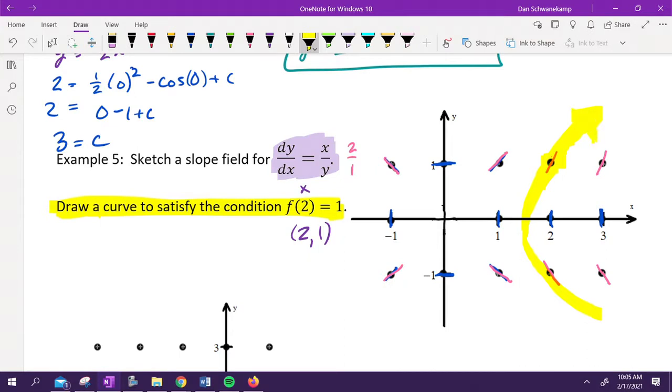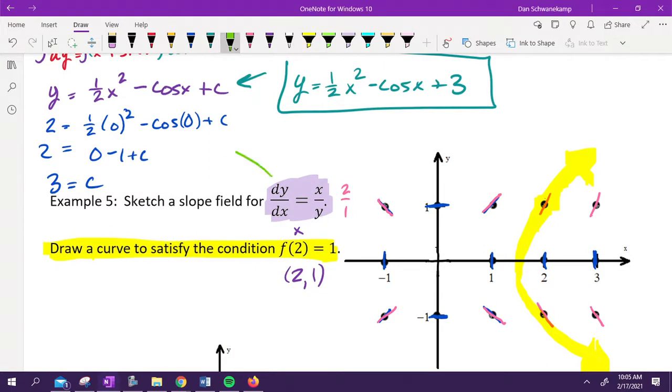This line that I just drew in highlighter is the curve that satisfies that condition. If I found the particular solution, just like we did up there, where we found the antiderivative and then plugged in the point, that is the line you would end up graphing, based on the slope field and that initial point. Makes sense on what we're doing there?